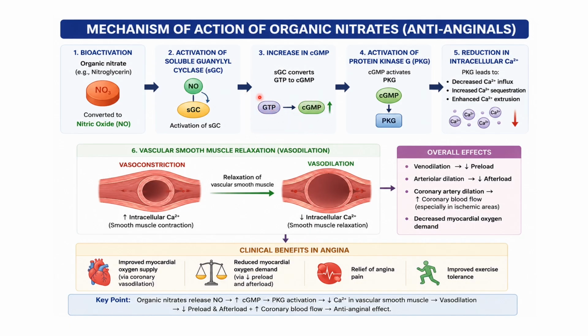GTP is always converted to cGMP. We already know about this from our biochemistry part, and the cGMP is increased here. Increased cGMP causes activation of protein kinase PKG, because of which there is a reduction in intracellular calcium ions.